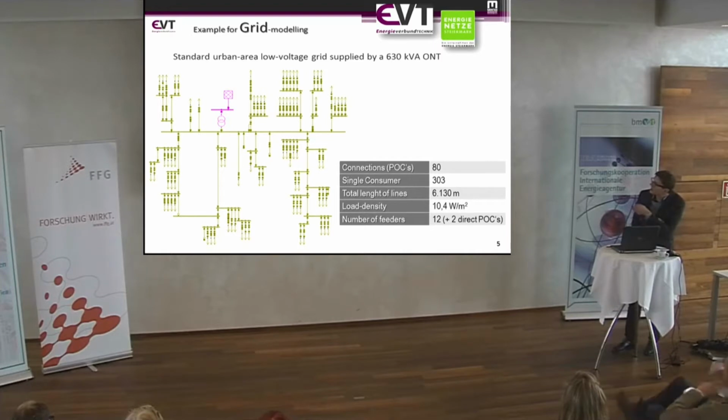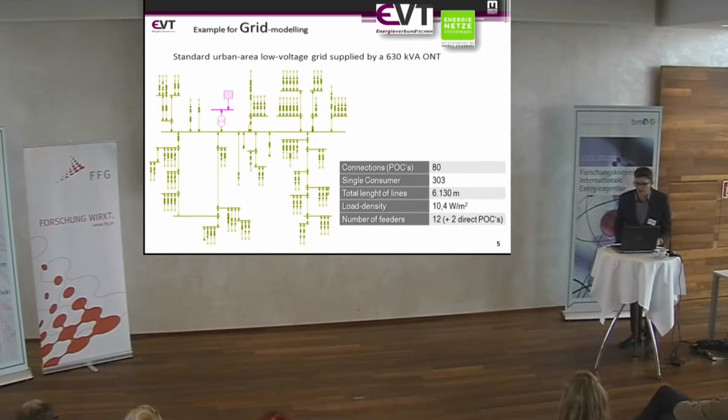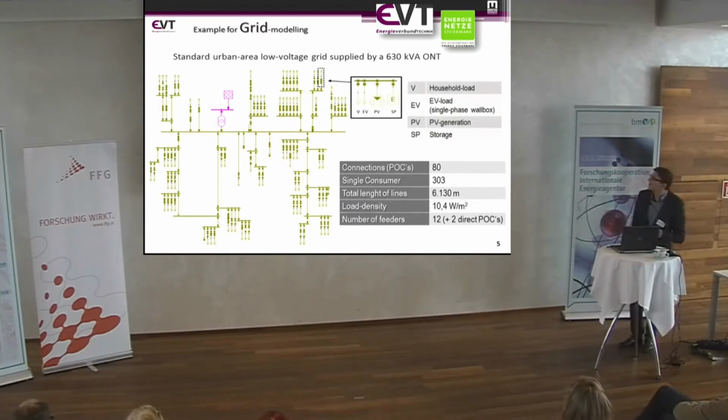This is a standard urban low voltage grid system on a 630 kilovolt ampere transformer. Very, very standard conditions. And our plan was to calculate the influence of electromobility and PV on this grid.